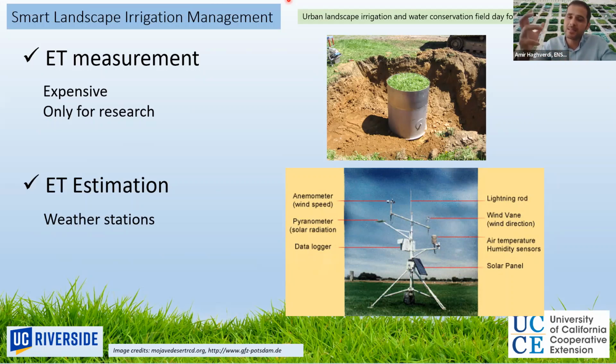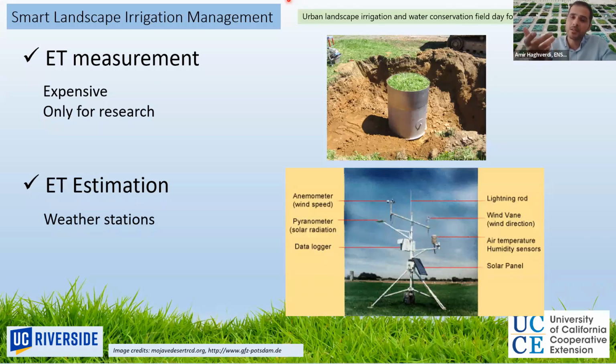That is why we usually estimate it, and the most widely used method is to use weather stations, of which we have plenty. I'm going to talk about CIMIS stations in this presentation. Weather stations collect all the parameters that impact evapotranspiration, such as air temperature, wind speed, and solar radiation, and then there are models, or equations, that use those parameters to estimate evapotranspiration.